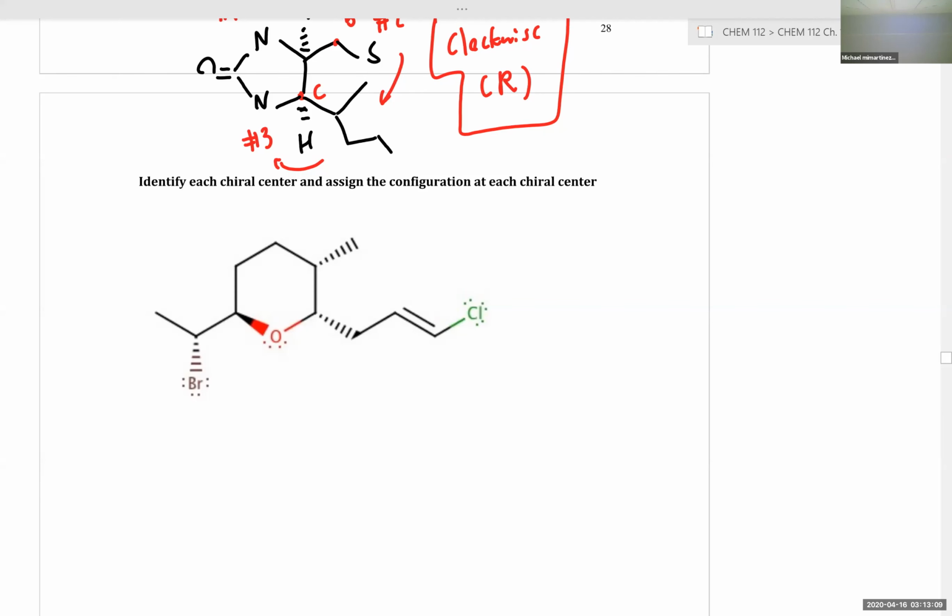So build the model kit, and let's assign A, B, C, and D. This will be the most complicated example we'll be working on today, and I'll be making the model kit during this time. But let's try and draw out and assign the configuration for each of these centers. And don't be shy to type in chat so I can provide some feedback.